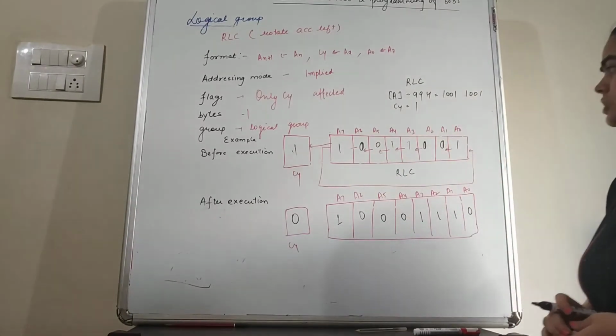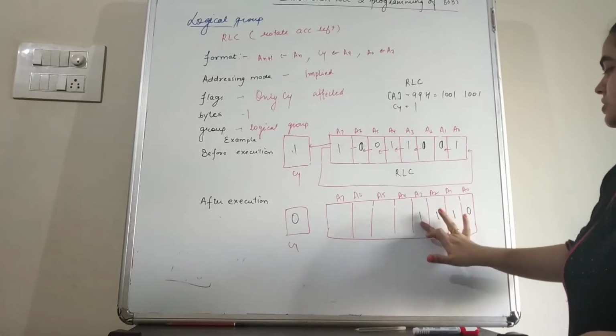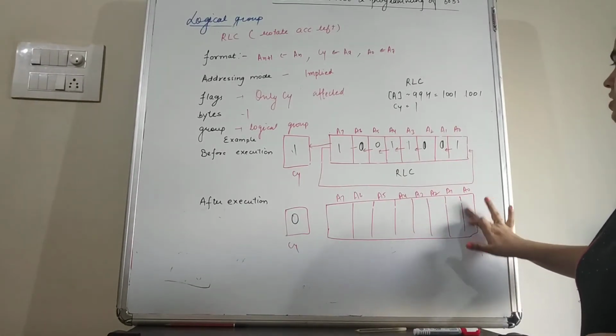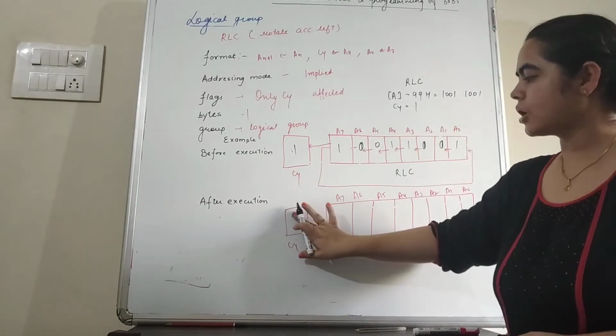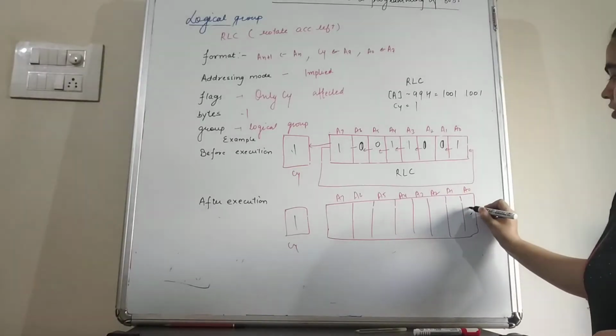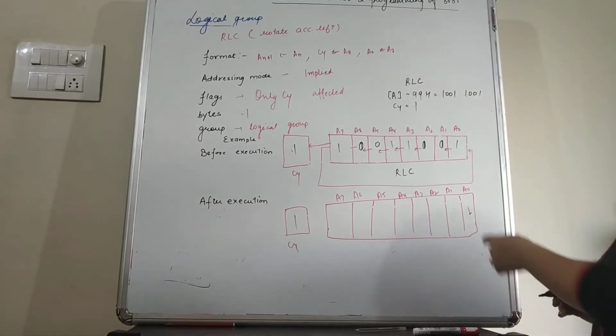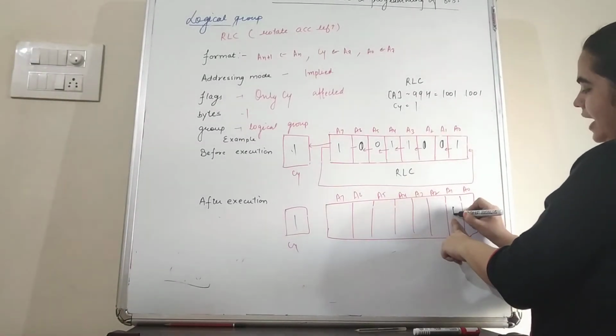Now students, when you apply RLC to this instruction, the output is this: this bit will be shifted into the carry flag. So now the carry flag value is 1, and the same bit will be shifted into A0, and whatever value is in A0 will be moved to A1, that is 1.